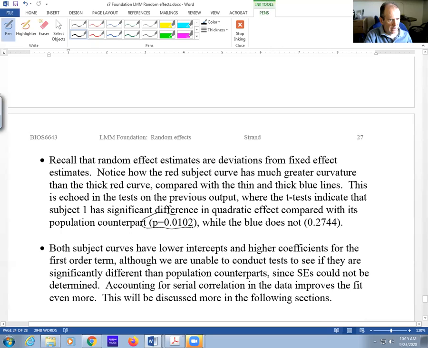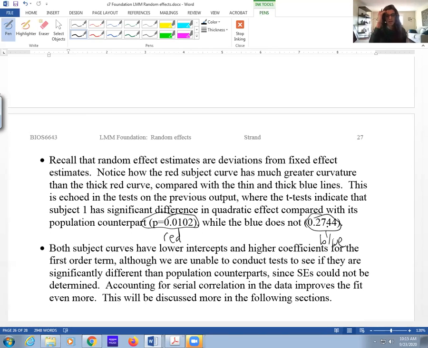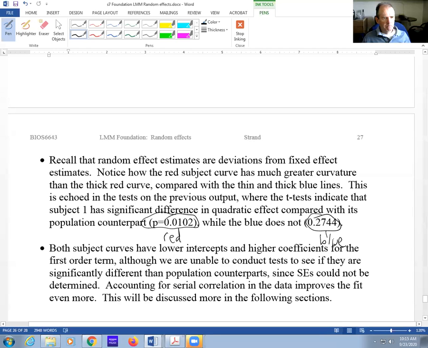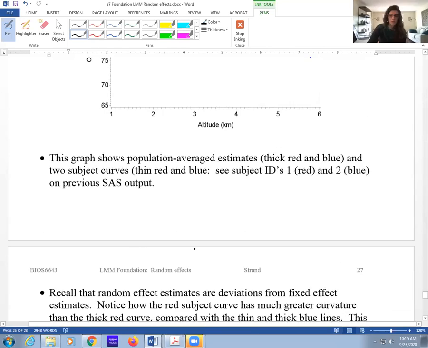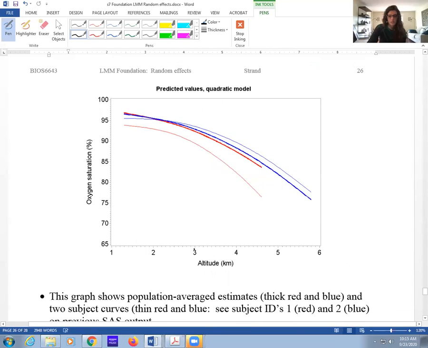This would be for the red one, and this would be for the blue one. So it matches visually with what the tests tell us: that the quadratic curve is significant for that one subject compared to the population average, while it's not for the blue one. And its actual estimate would be positive because it's a stronger curve. The blue one would have a negative effect and the red one would have a positive effect.